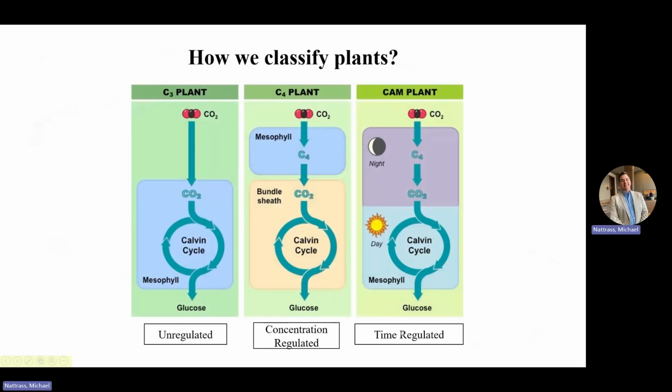And then CAM plant is really time regulated. So in C3 plants, we have unregulated. Nothing is stopping that. Carbon dioxide is coming in. As soon as it comes in, it goes straight into the Calvin cycle. For C4 plants, we have a concentration regulated, and that carbon dioxide is going to be stored in the mesophyll cells until the Calvin cycle is ready for it.